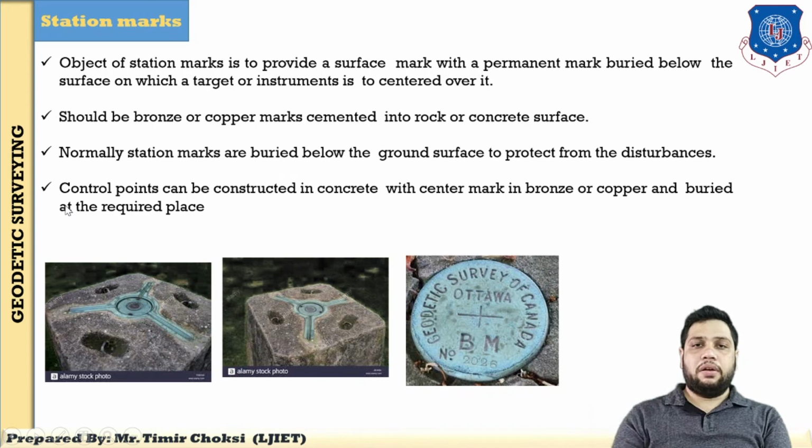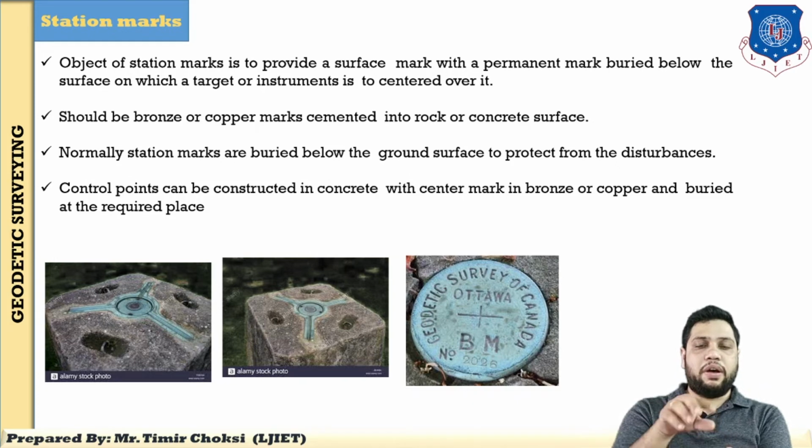Now next, the station mark, meaning you have established the station in various fields. So different types of station marks are used, and I will explain. First, the object of a station mark is to provide a surface mark with a permanent mark buried below the surface, on which the target or instrument is centered. So where do we place this station mark? Where you put the target or instrument and center over it.